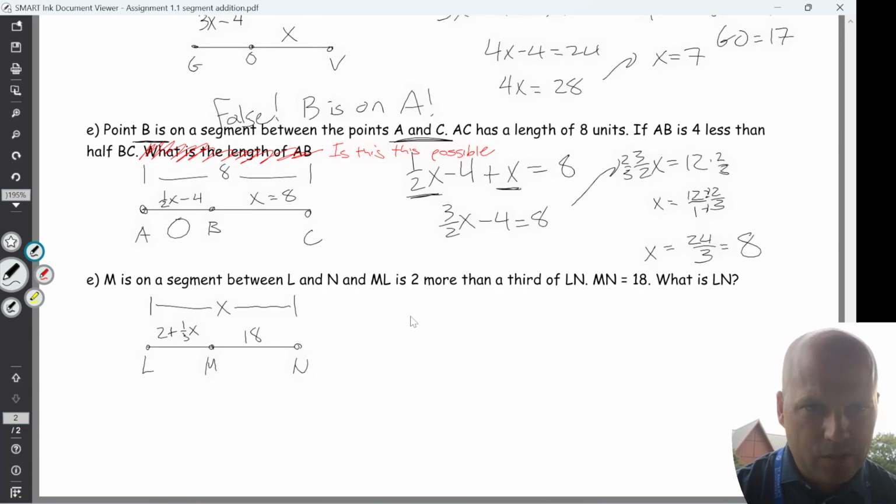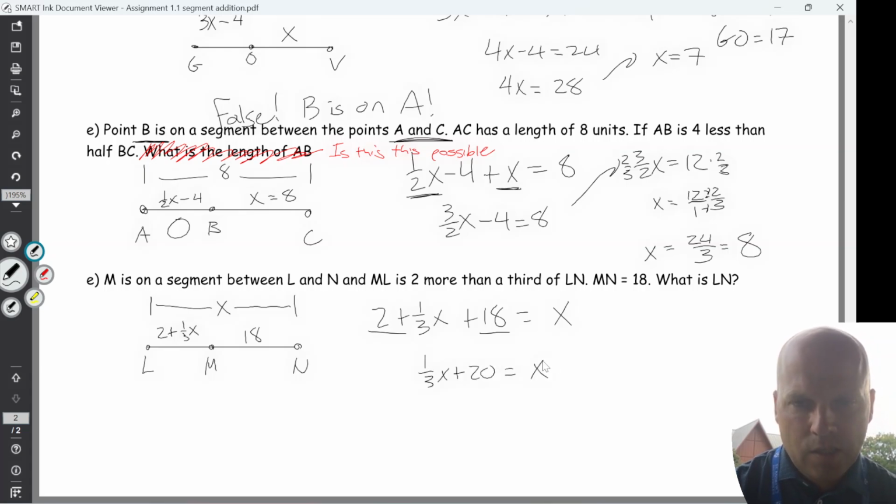This is a great question where you have to read carefully and have the correct setup, because we're not going MN is X and then LM is 2 plus a third of X. We are saying 2 plus a third of X plus 18 has to equal this length of X. Let's see if we get a good answer here. 2 plus 18, which means a third of X plus 20 is X.